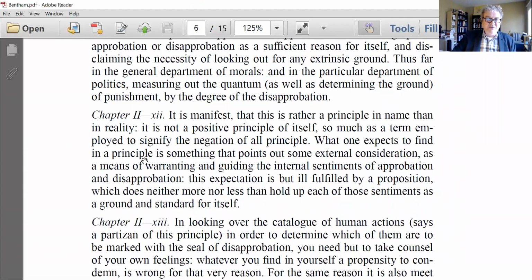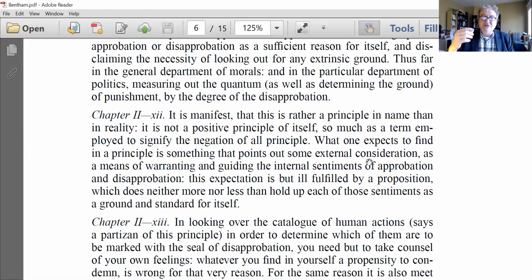What one expects to find in a principle, and he's saying here why it's not as good a principle as utility. What one expects to find in a principle, remember, like a rule, is something that points out some external consideration, as a means of warranting and guiding the internal sentiments of approval and disapproval.